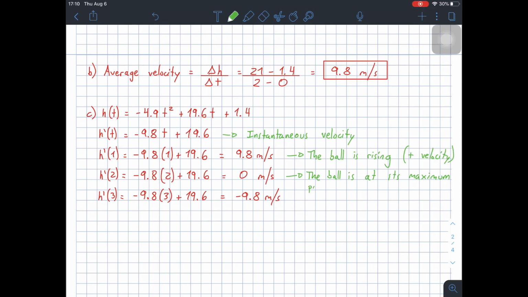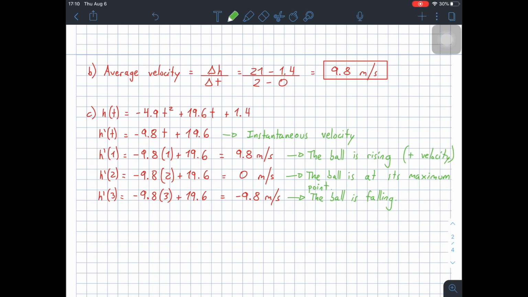If it was the other way around, if this was negative and this was positive, then we would be talking about a minimum point, okay? And finally, if the instantaneous velocity is negative, it means that the ball is falling. Okay? So with all of this information, you can already predict how this ball is moving.